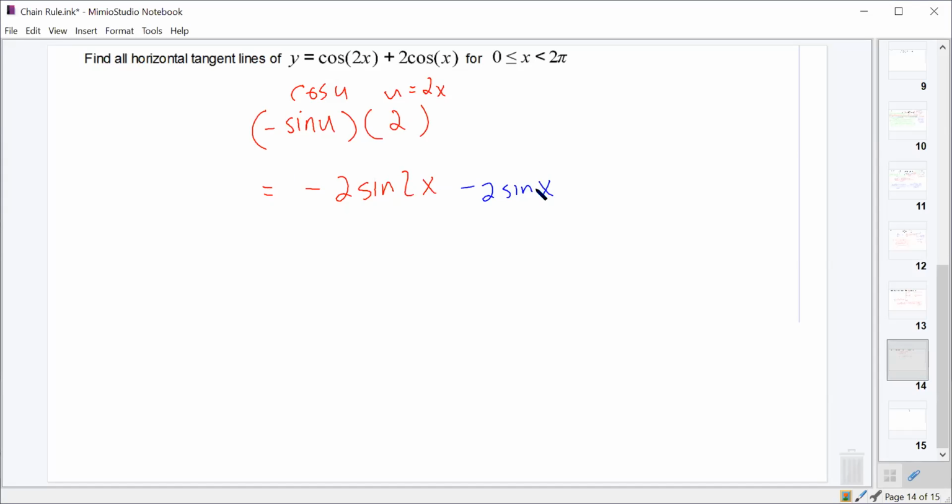Correct. All right. So if we want to know when it has horizontal tangent lines, that means that we need to set the derivative equal to zero. Zero, exactly. So we'll set this, which is our derivative, y prime, equal to 0. And how are we going to solve that?